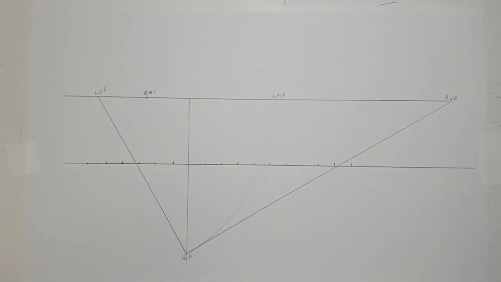So here's our diagram. I made this 60 and this side 30, but it doesn't really matter what angles you make it. I made a random measuring line, and here are my units of measurement. So the radius of the arc can be anything you would like it to be. I'm going to make mine 7 units.